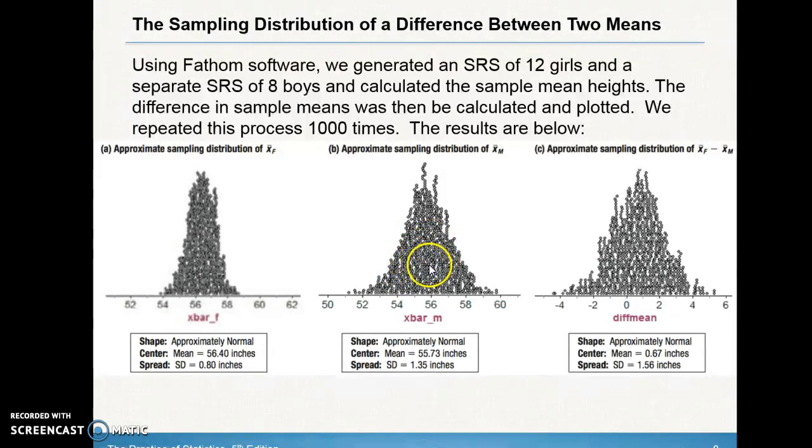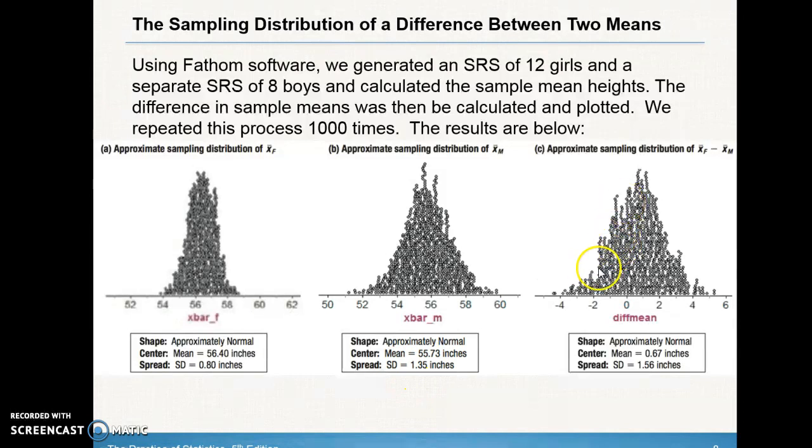Took another simple random sample of 8 boys, found the mean, and plotted it. That's what each of those dots mean. And this process was repeated 1,000 times. So for this graph, it means I have 1,000 samples of size 8. The boys' mean height was 55.73 inches with a standard deviation of 1.35.